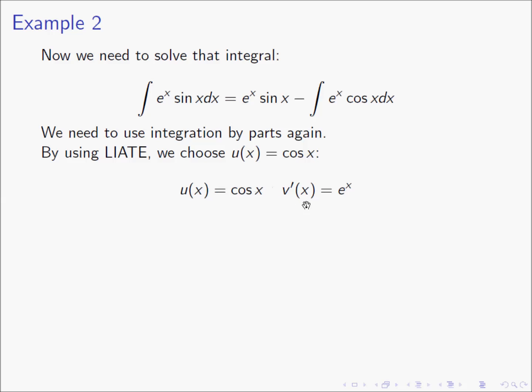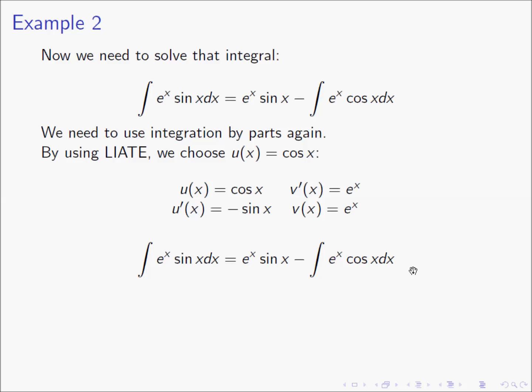We have u, v prime of x will be e to the x. Remember that we are now solving only this integral. We need to forget about the u and v that we used in the other integral. So u prime of x will be minus sine of x, and v of x will be e to the x again.